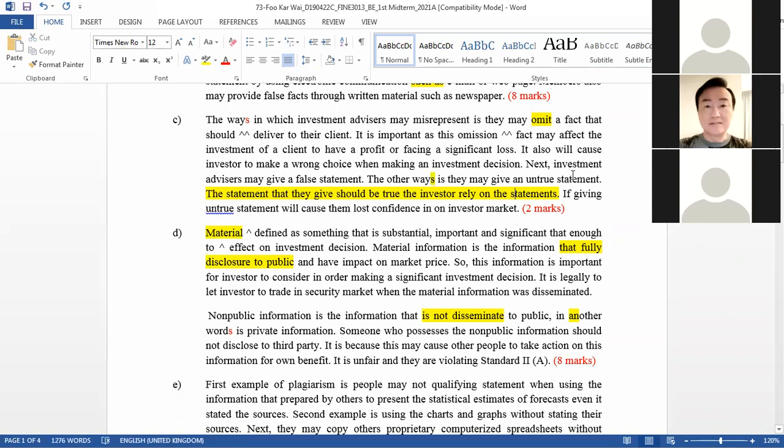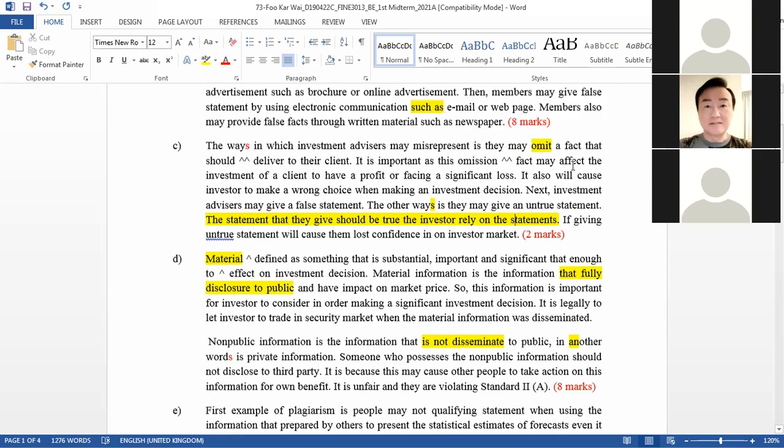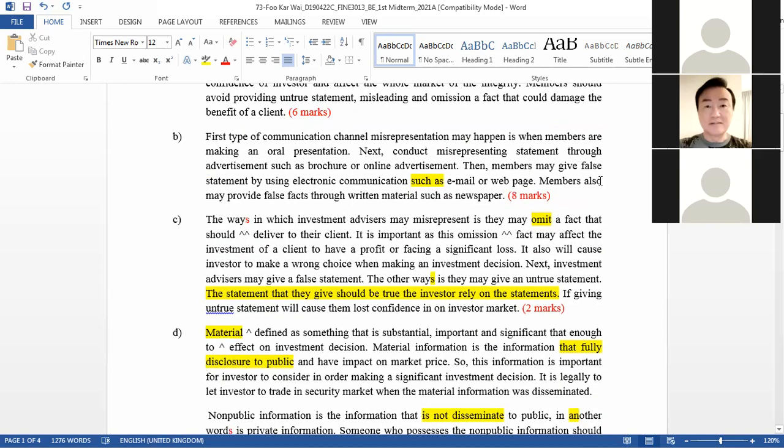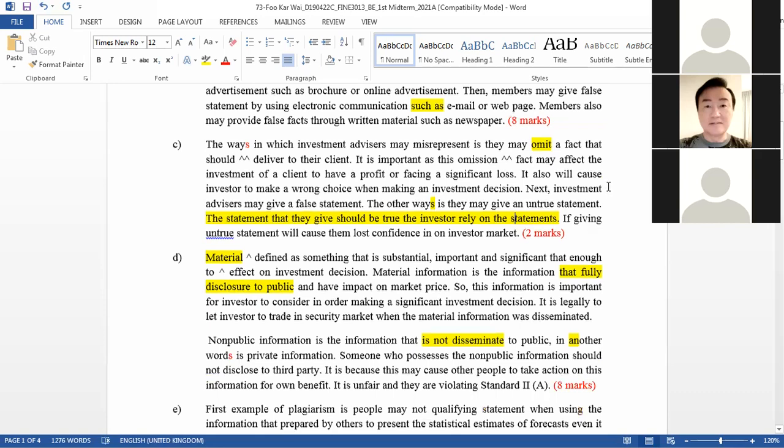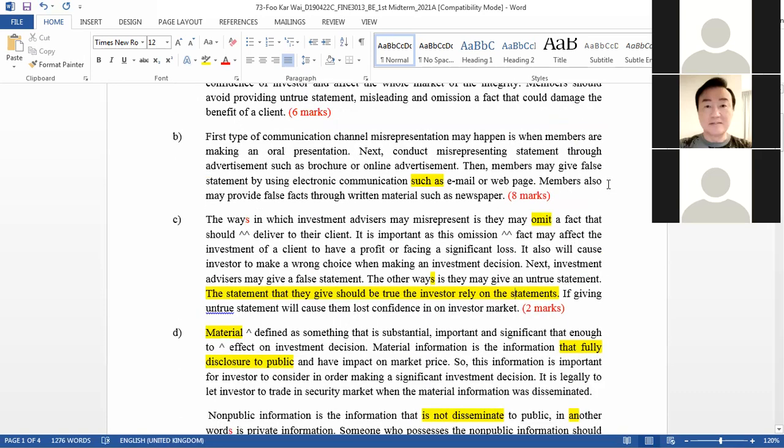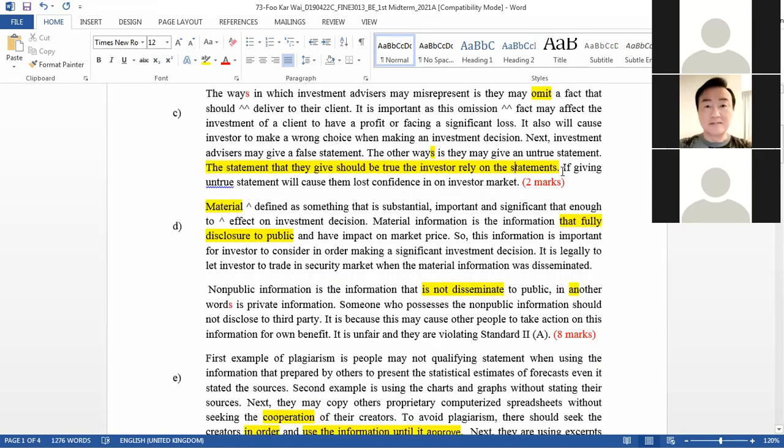So basically, in its totality, I give you 2 marks. Because you're not talking about the other 3. You're only basically talking about 1.